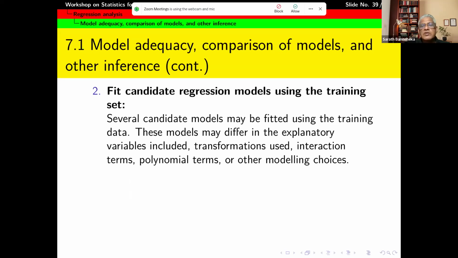So fit candidate regression models using the training set. Those are the several possible models that will be looked at. Several candidate models may be fitted using the training data. These models may differ in the explanatory variables. Those different models may have different variables included in them. Different transformations may have been used.